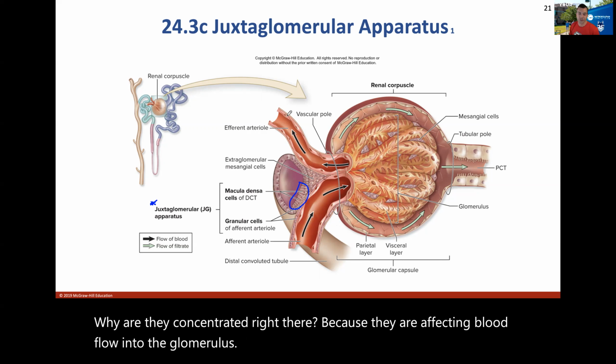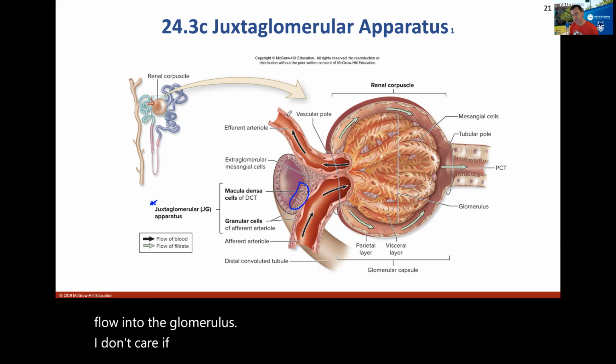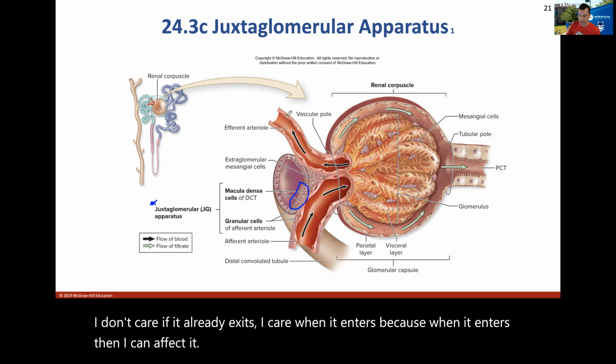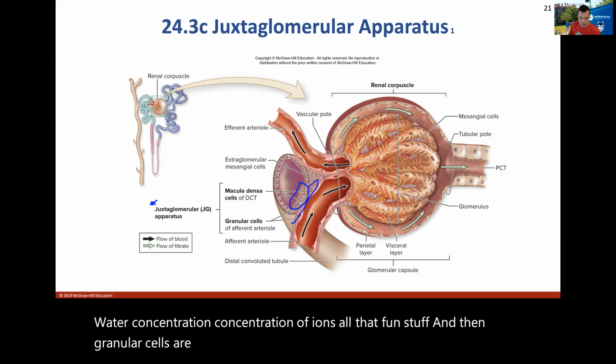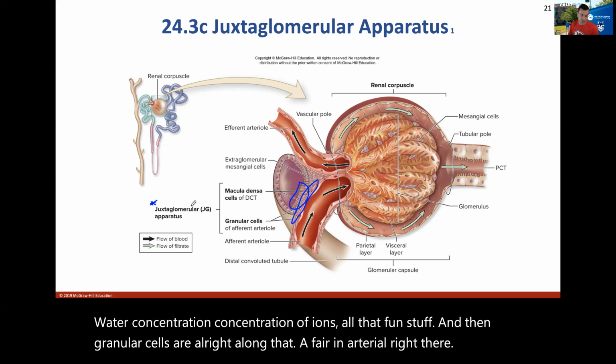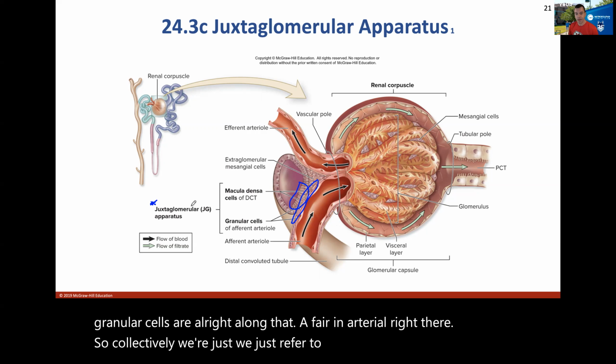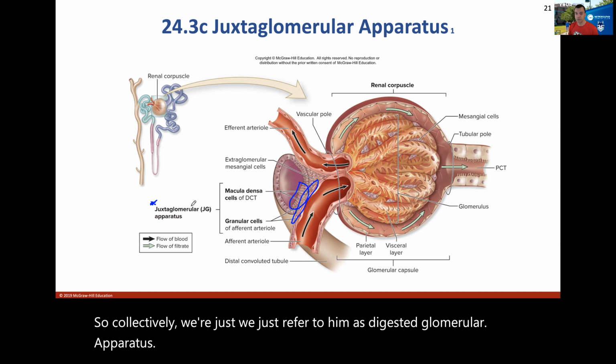I don't care if it already exits. I care when it enters, because when it enters, then I can affect it. Water concentration, concentration of ions, all that fun stuff. And then granular cells are all right along that afferent arteriole right there. So collectively, we just refer to them as the juxtaglomerular apparatus. Juxta, in close proximity to the glomerulus.